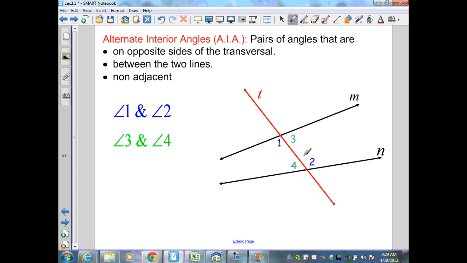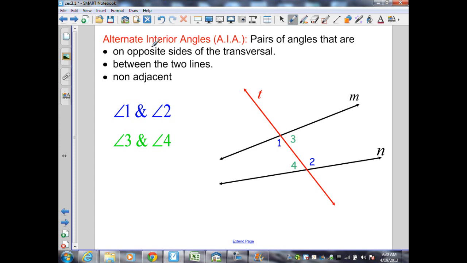Therefore, angles 1, 3, 2, and 4 qualify because they're inside of, or between, M and N. And the last part is they are non-adjacent. They can't be adjacent because 1 and 3 are on opposite sides of the transversal. They are in between my two lines, but we already know that 1 and 3 are a linear pair.